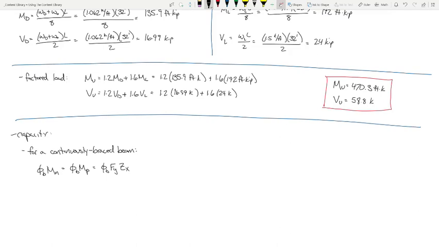We just did that last time, okay? So, how do we do that? Phi is 0.9. Fy is 50 ksi. Zx is 144 inches cubed. And then I'm going to convert by dividing by 12. Okay? So check this out. Tell me what you get.